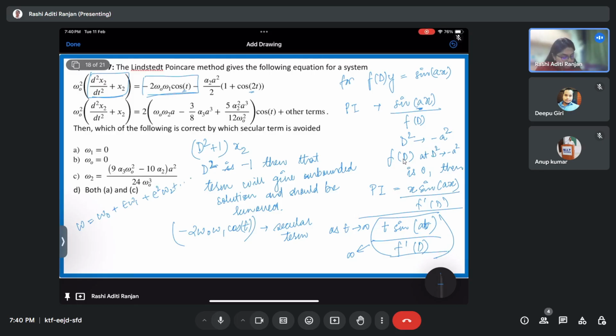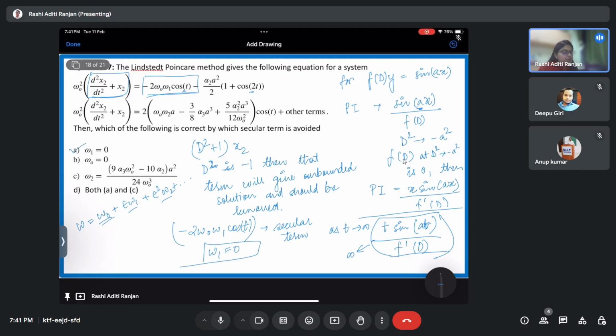We only know omega naught. The rest, omega 1, omega 2, we have to evaluate using this concept of the secular term. So I will assume that omega 1 is equal to 0, in order to avoid the secular term, which is very important to get a correct approximate analytical solution. So omega 1 is equal to 0 and option 1 is correct.